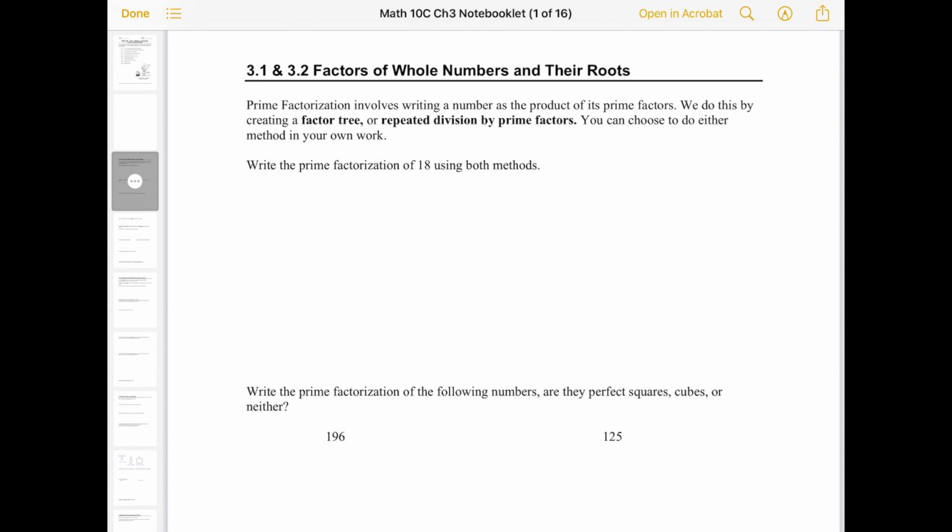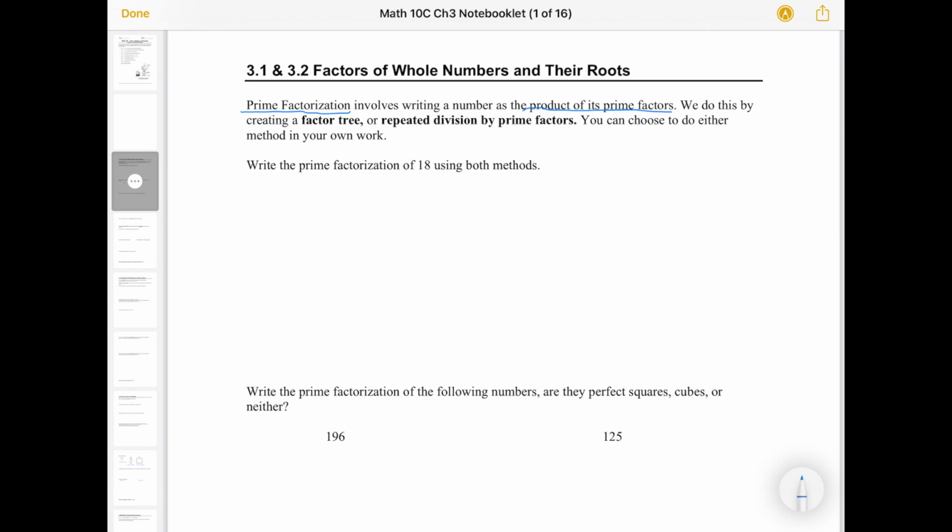So 3.1 and some of 3.2, I'm combining them a bit. We are looking at prime factorization. So that is a big, scary word. Prime factorization means that you're writing that number as the product of prime factors. So these are prime numbers.